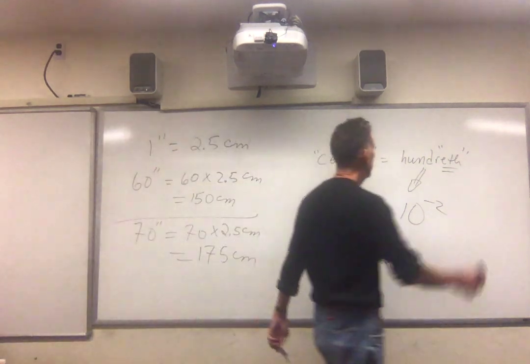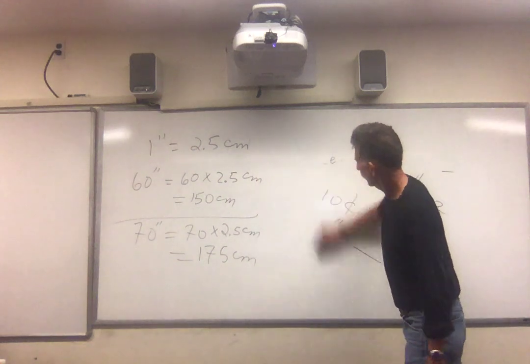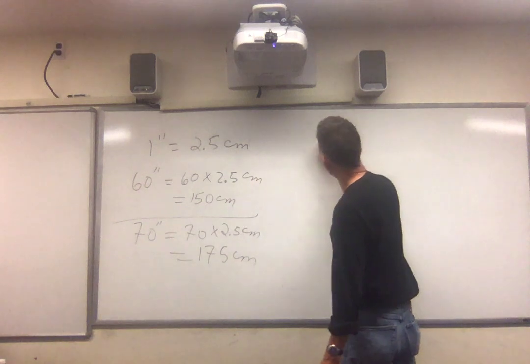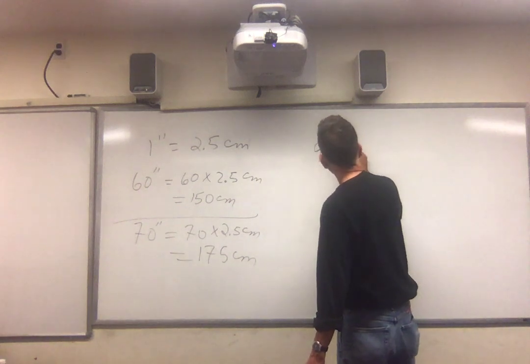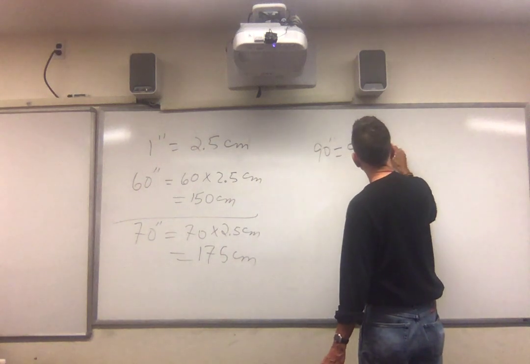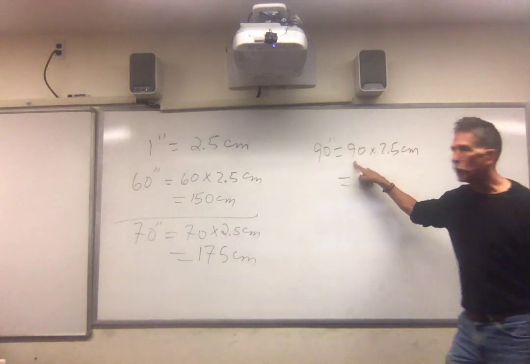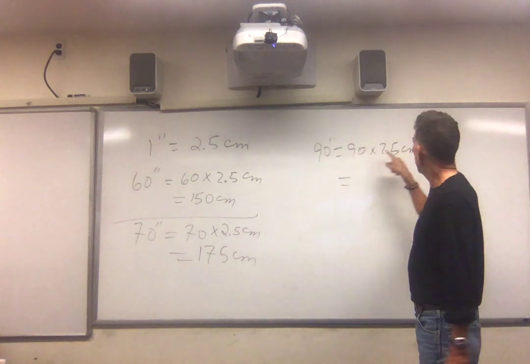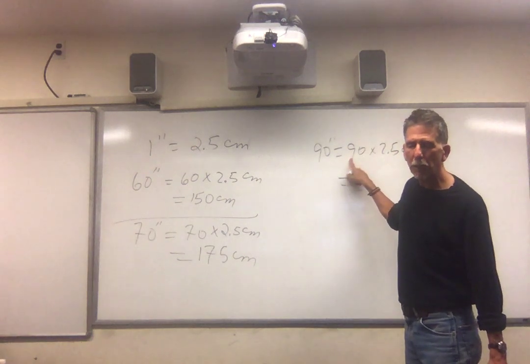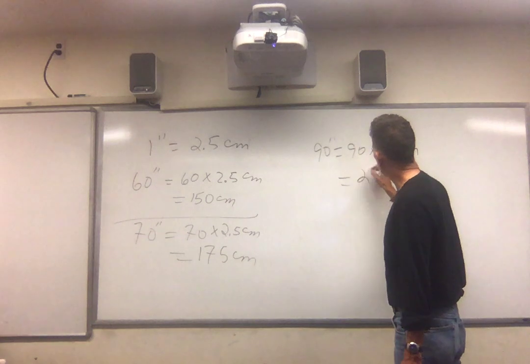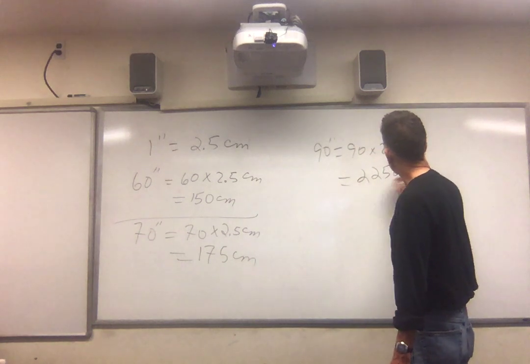One more. 90 inches is what? 90 times 2.5 centimeters. 90 times 2 is 180. Half of 90 is 45. 180 plus 45 should be 225 centimeters.